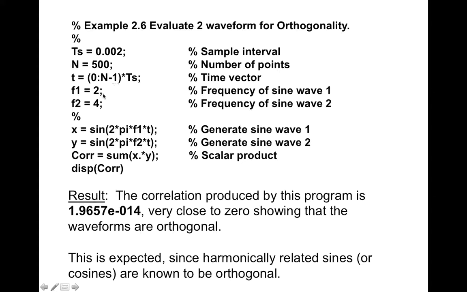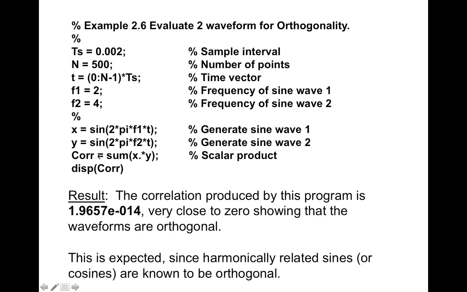So we take our signal F1, which has a frequency of 2, and our signal F2, or frequency of signal 2, is 4. And then we set up our sine wave. So basically we have our vector t that represents time, and we take 2 pi times F1 times t. And we'll set that up as signal x. And then as signal y, we have 2 pi times F2 times t.